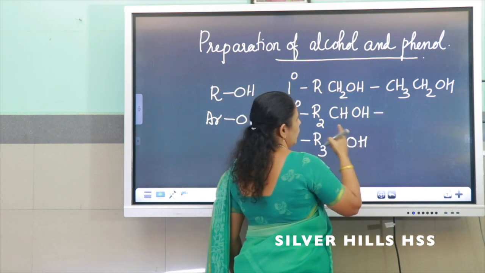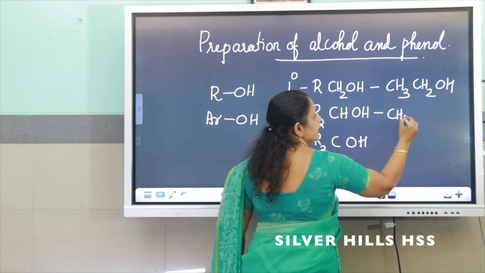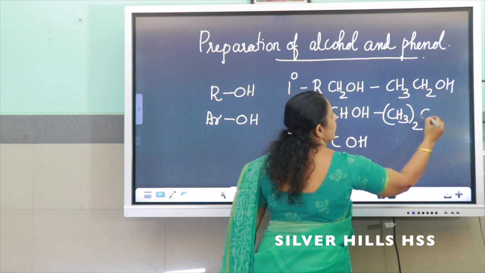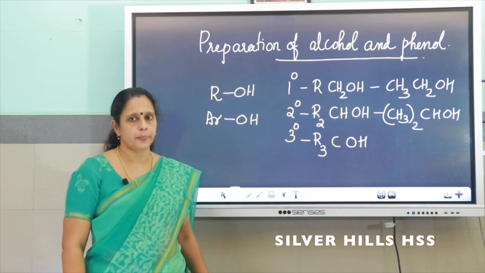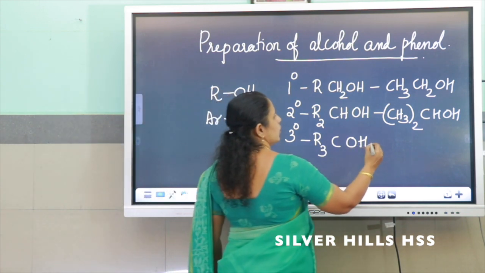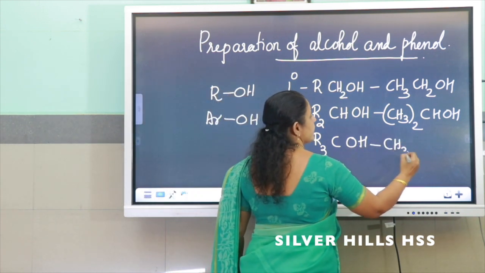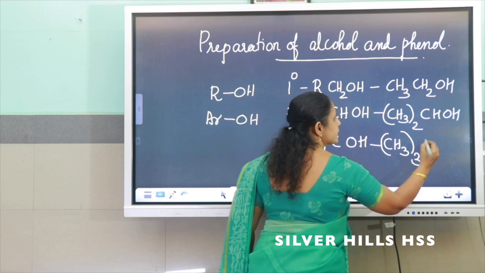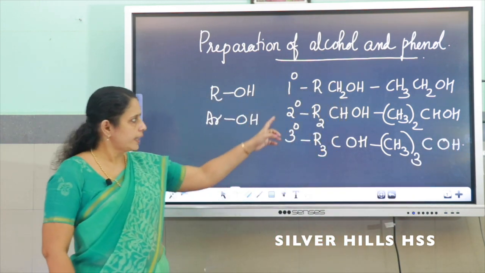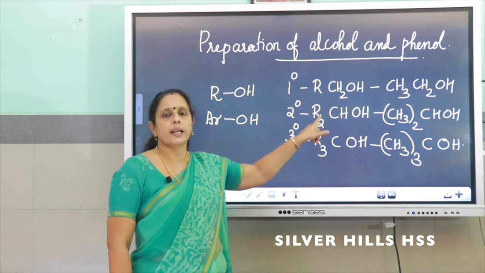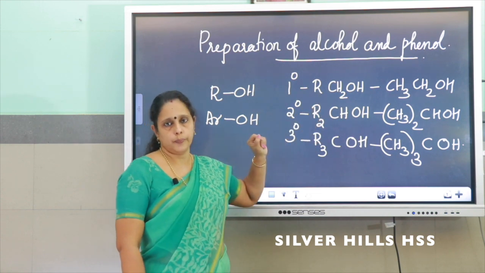Secondary alcohol, CH3 twice CHOH, where R is taken as CH3. Tertiary alcohol, the example is CH3 thrice COH. These are the examples of primary, secondary and tertiary alcohol.